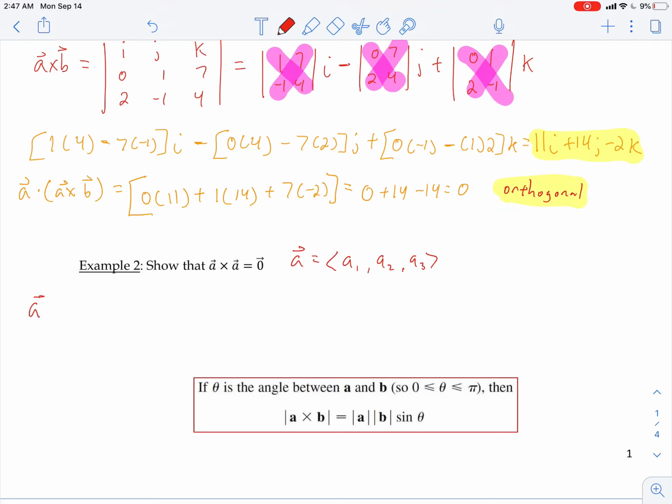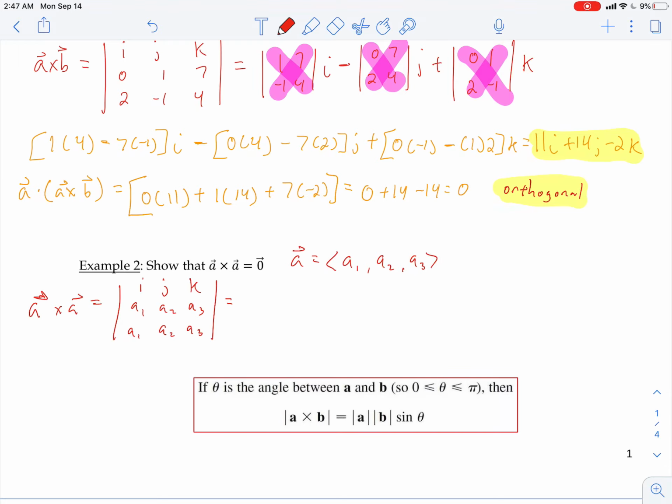And now, if I want to do the cross product of A with itself, then what I'm going to get is i, j, k, A sub 1, A sub 2, A sub 3, A sub 1, A sub 2, A sub 3. I'm just going to go ahead and set everything up.